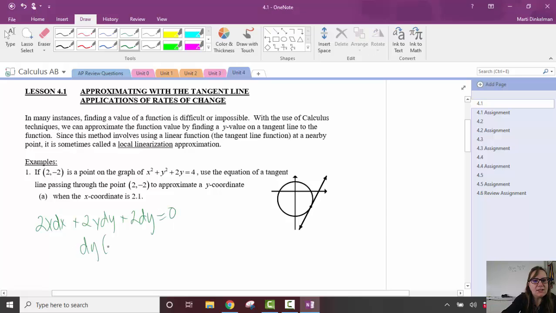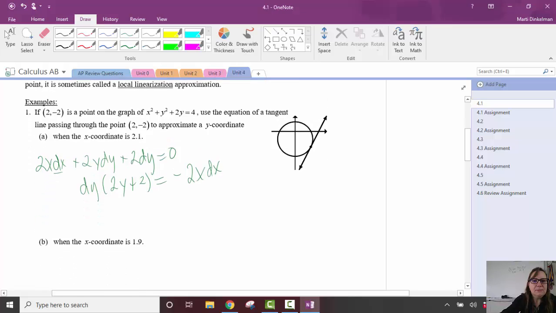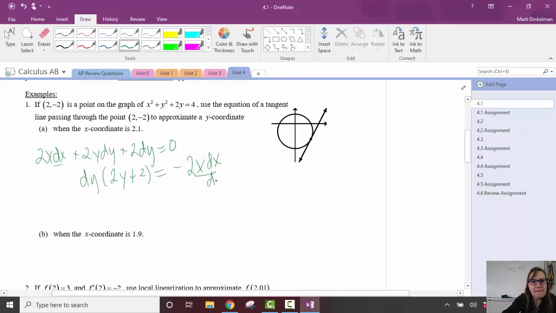I'm going to leave the dy stuff on the left-hand side and factor out the dy, and then move the thing with the dx over to the other side. Remember, the next step is to divide by dx, and then I'm also going to divide both sides by this 2y plus 2. Okay, so for dy dx, I have negative 2x over 2y plus 2.